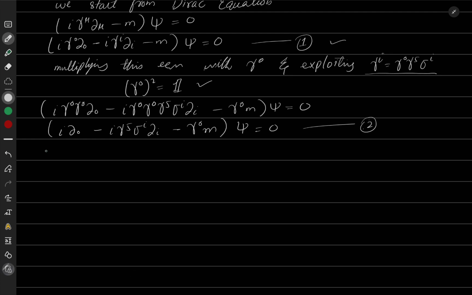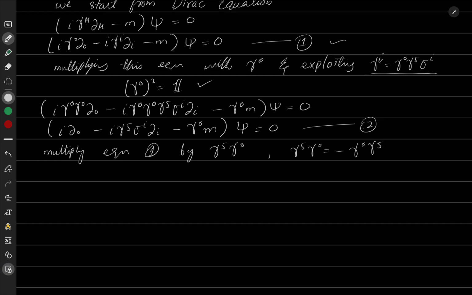Okay, now I'm going to multiply equation 1 by γ^5 and γ^0, and we need to know that γ^5 and γ^0 do not commute; if you change their positions, you will get a minus sign.